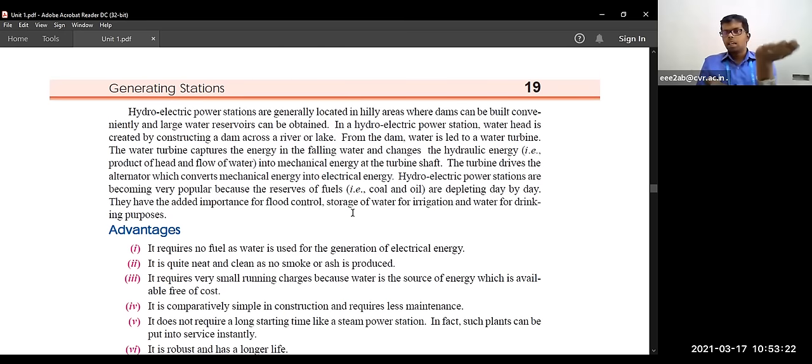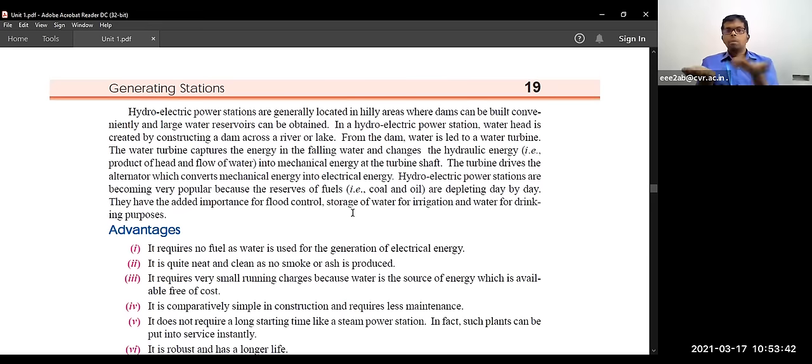So it will be stage by stage. Say for example, this is dam one, stage one. This is where power generation is happening in stage one. After that, after some kilometers, that water flows on, and that will be dam stage two.